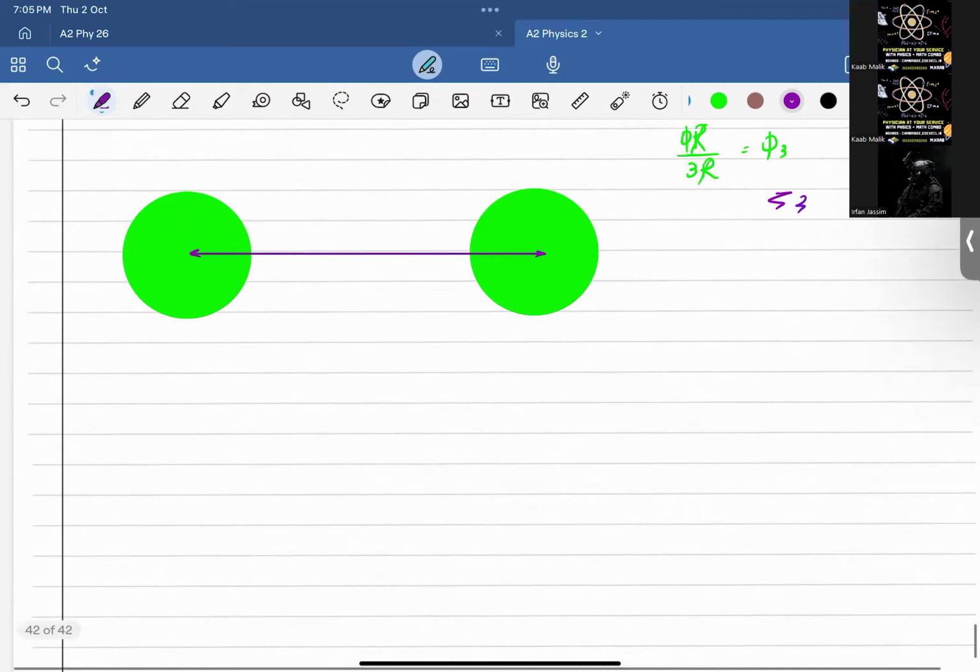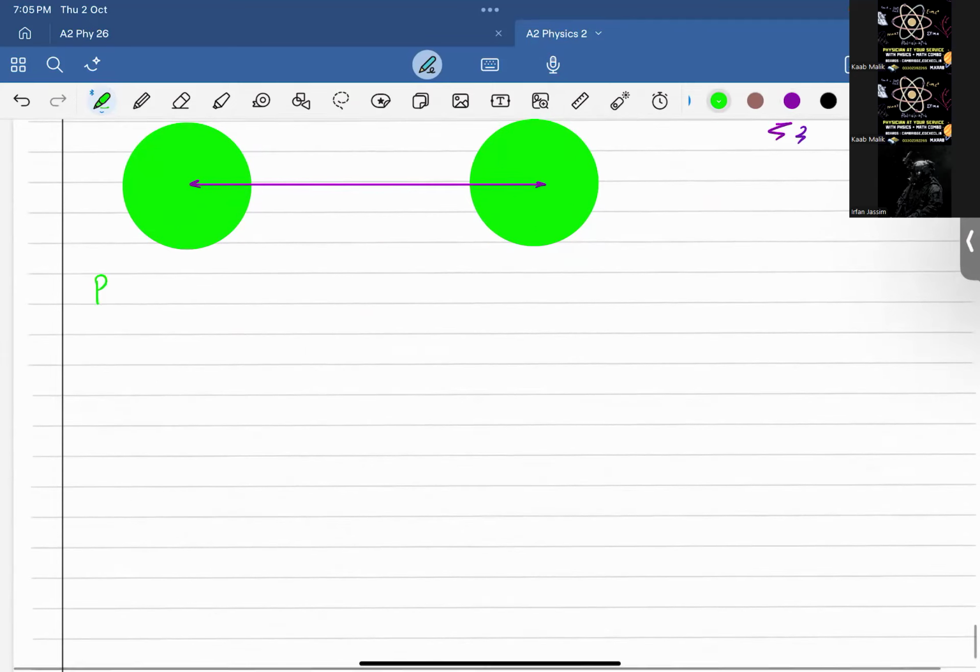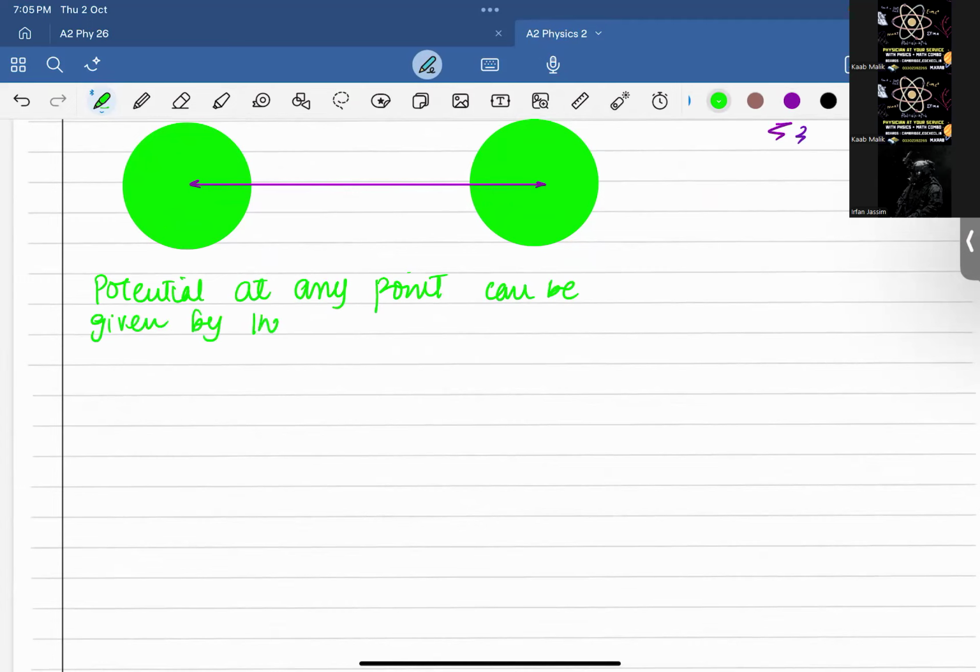Okay, so we can say that the potential at any point can be given by the sum of the individual potentials at that point.